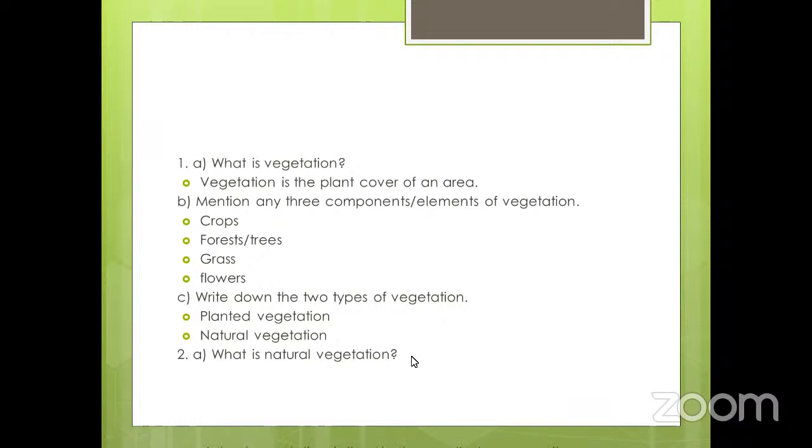Okay. The definition is there. I need one person to read. Ruth, you can help us read. Ruth, are you there? Yes, Dan, you can help us.